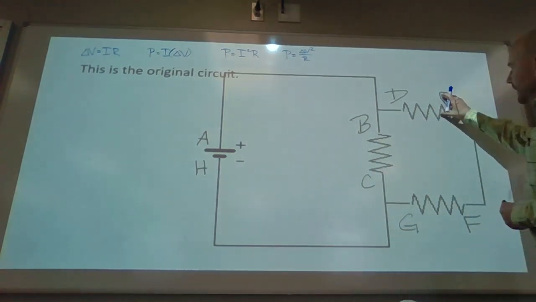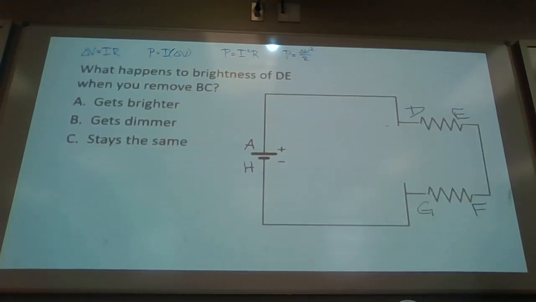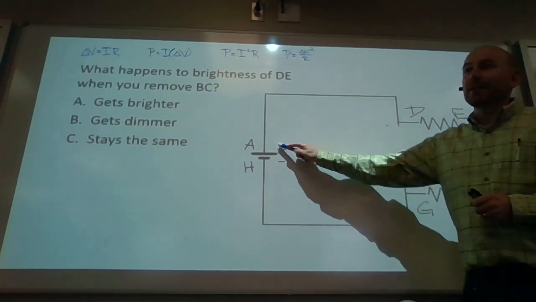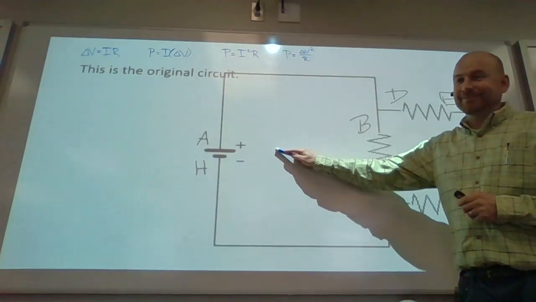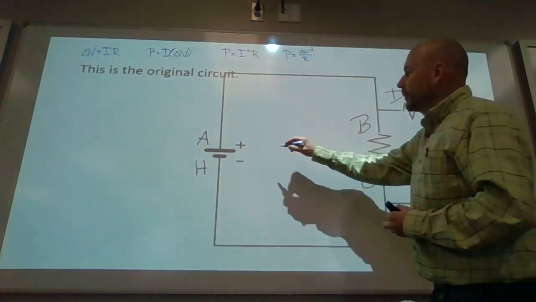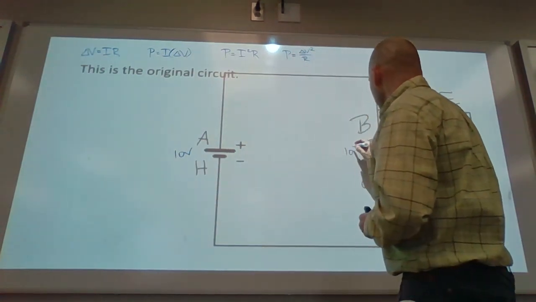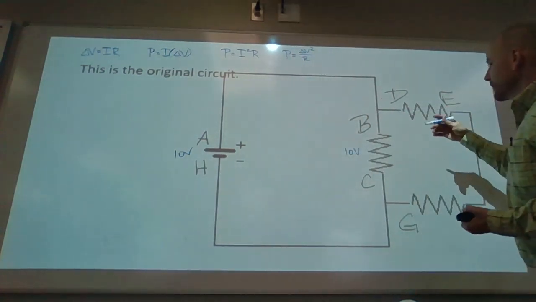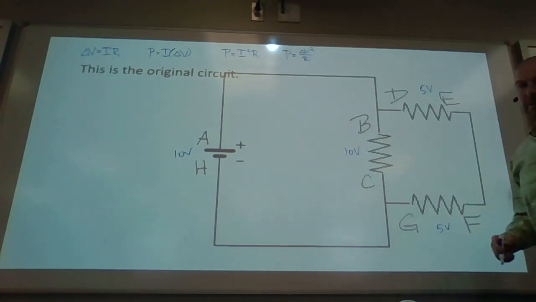BC is in parallel with DE and GF. When you take this away, the total current coming from the power supply decreases. True. But the loop rule says, let's say this is 10 volts. There's a 10 volt drop across this, and just to keep things simple, we'll say a 5 volt drop across this and a 5 volt drop across this if they were identical.